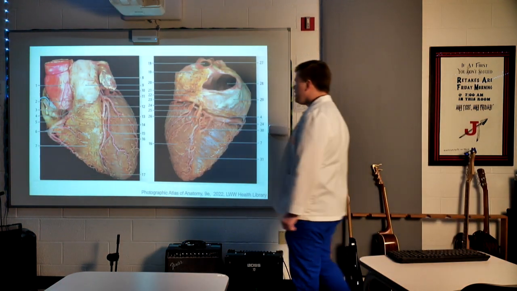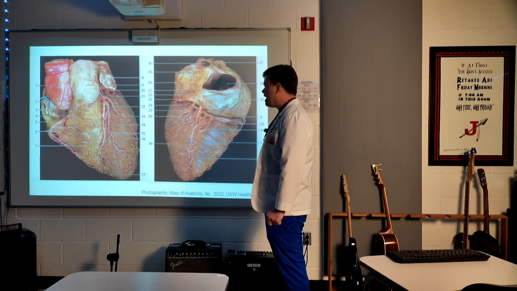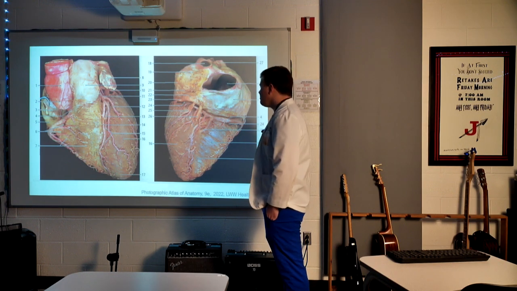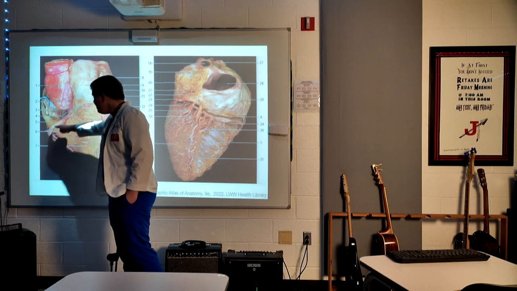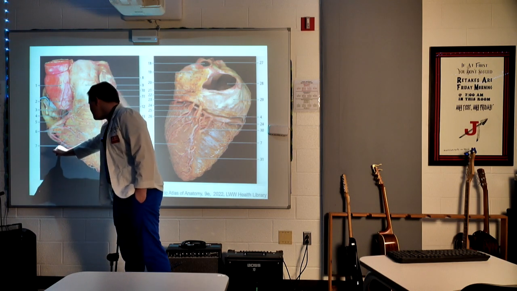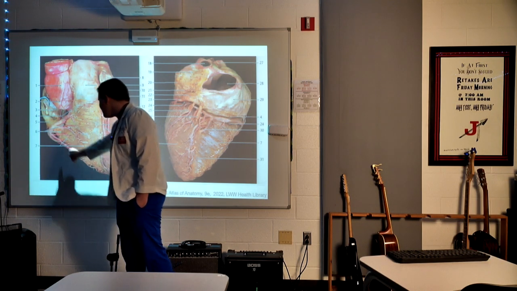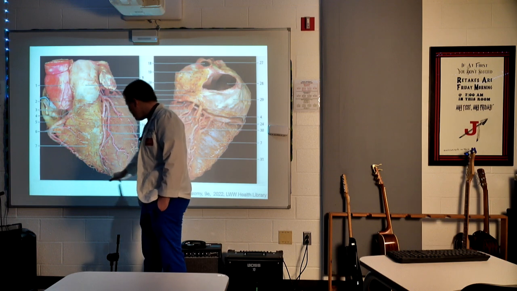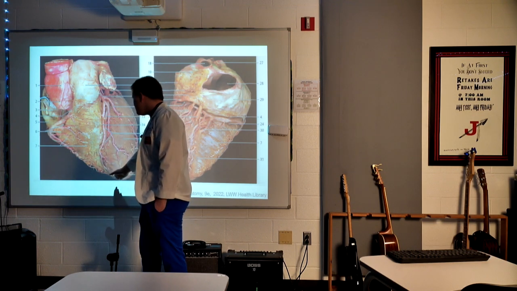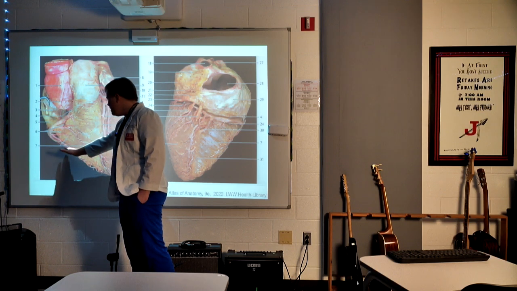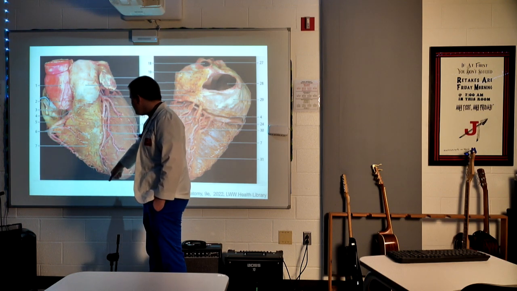And this is a picture of a real heart, as it was taken out of a cadaver who donated their body to science. So we can see again this right coronary artery and this kind of segmental branch going down to the point of the heart. We call the point the apex of the heart. So remember again, this supplies the right side of the heart and the inferior portion, the lower portion.